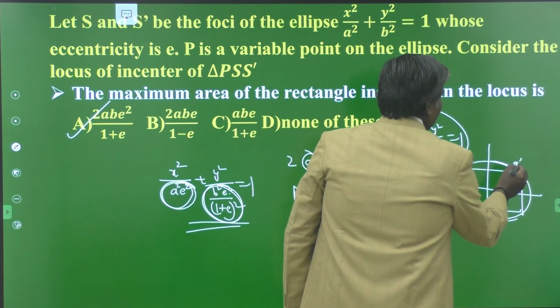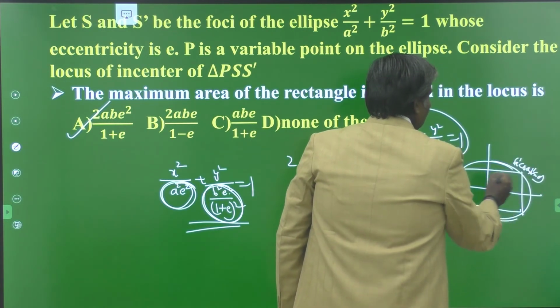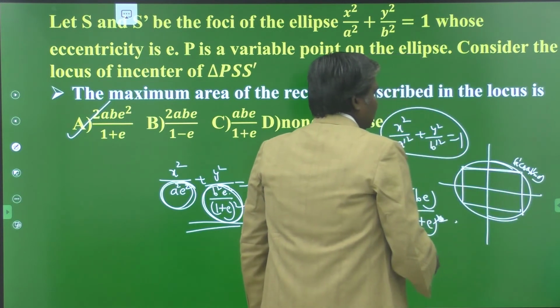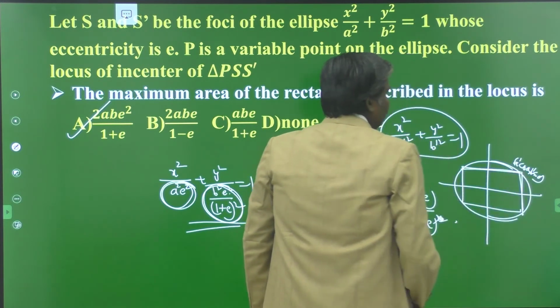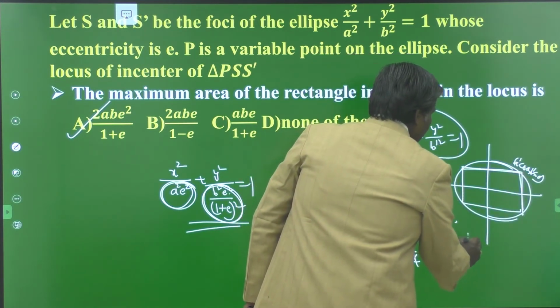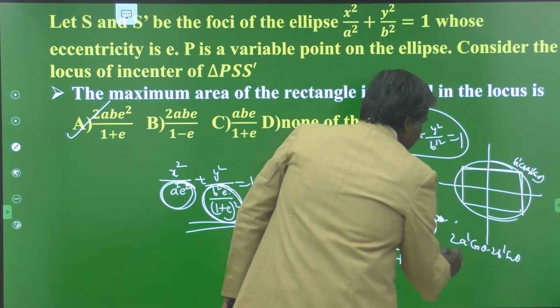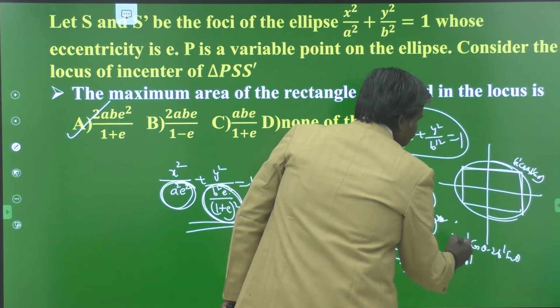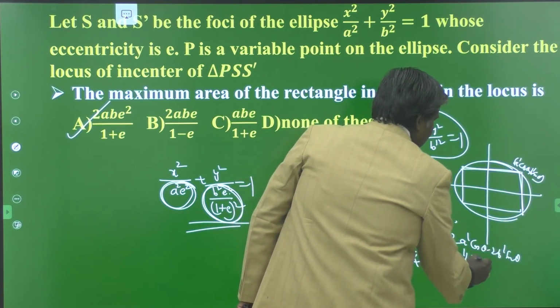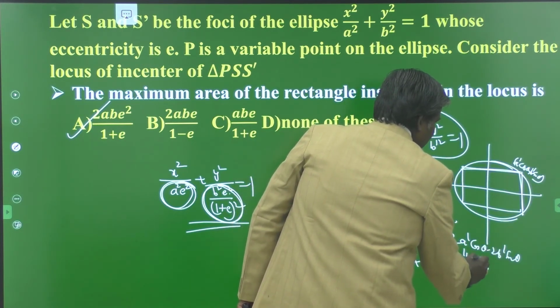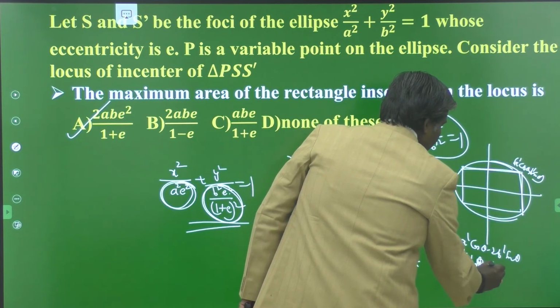Then any point on that one is A dash cos theta comma B dash sin theta. So its length is 2A dash cos theta, its width is 2B dash sin theta. 2A dash cos theta into 2B dash sin theta is nothing but 2A dash B dash into 2 sin theta cos theta, which is sin 2 theta.